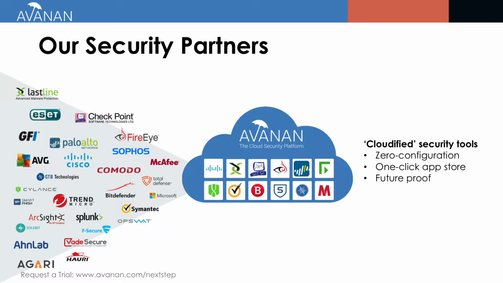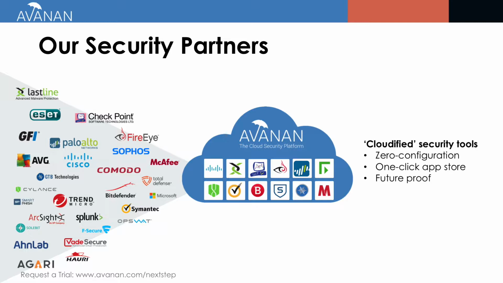With our platform, Avanan connects your SaaS applications to what we term cloudified versions of these security tools. And as you'll see in the demo, provisioning these security tools is literally done with a click of a button. So our approach makes it incredibly easy to deploy capabilities like DLP or zero-day malware protection for your different cloud-based applications.